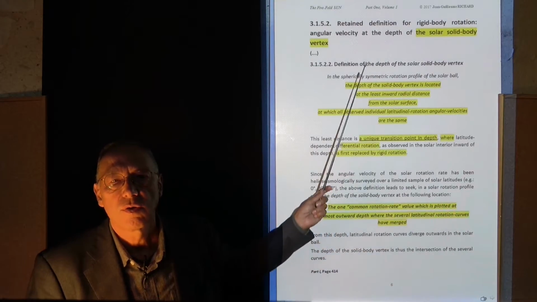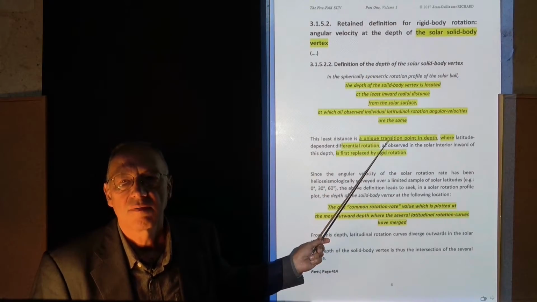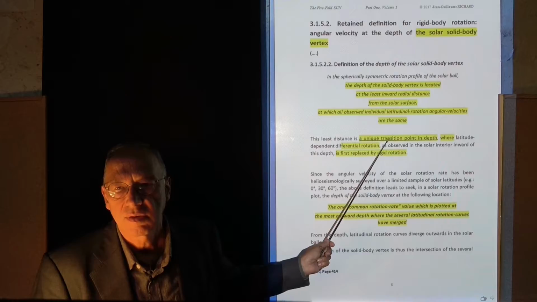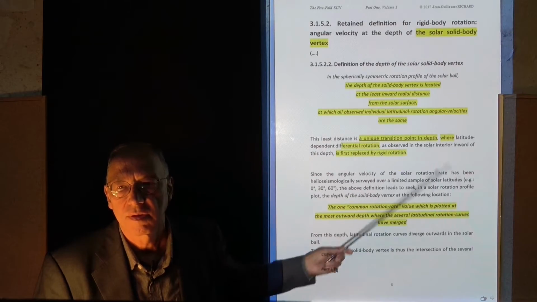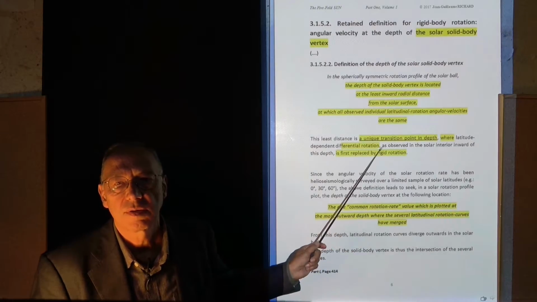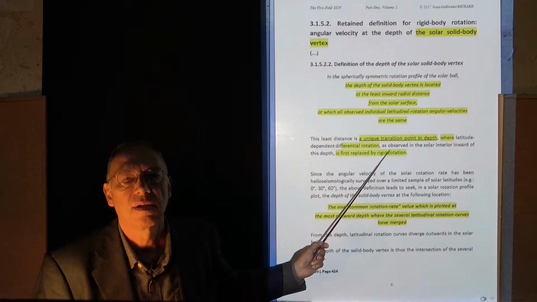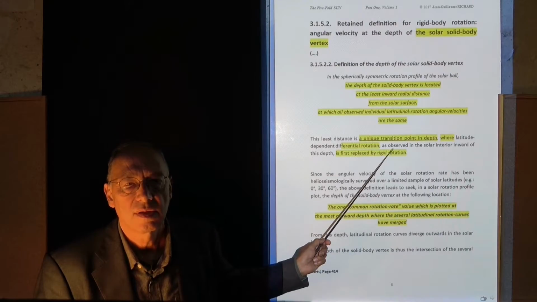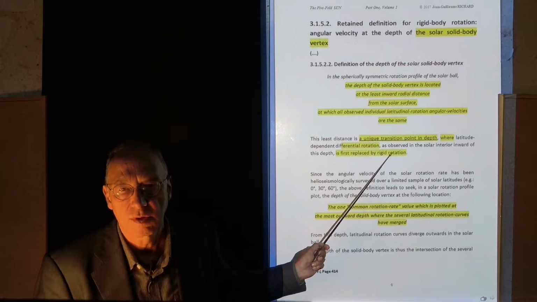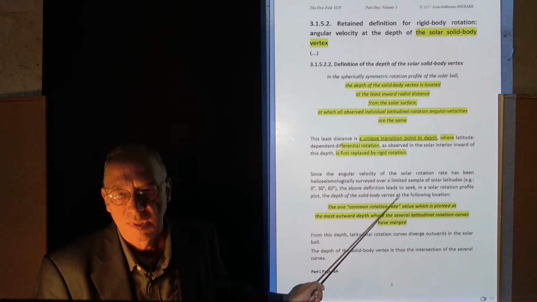So this so-called solar solid body vertex represents a unique transition point in the depth of the solar ball, where a differential rotation, which is seen at the surface and down to a certain depth inward, is first replaced by rigid rotation.